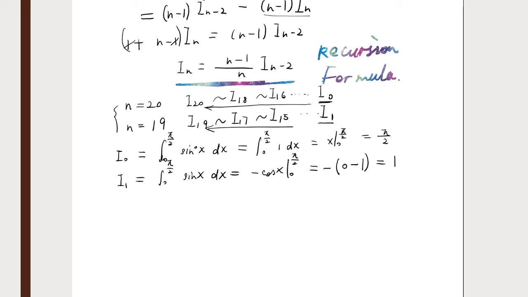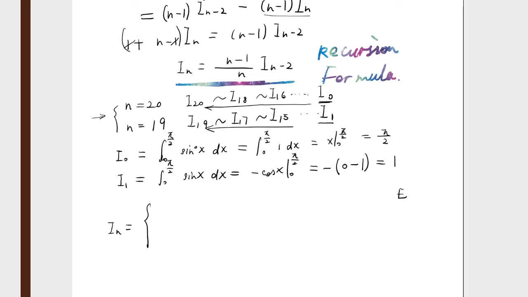Okay, so let's get back to here. We already found what I0 is and what I1 is, which are the initial conditions. So let's put it back. If we have an even number n, of course larger than 0, we're going to have the general formula for In.